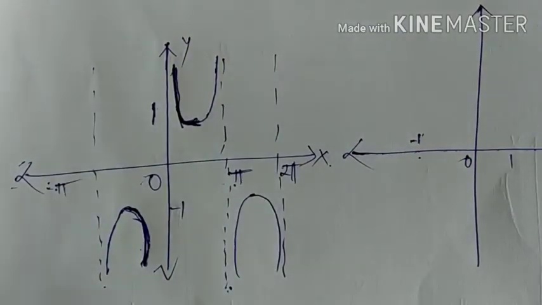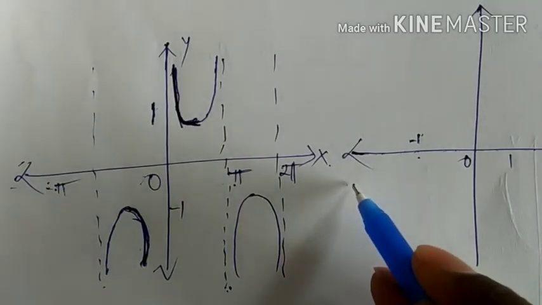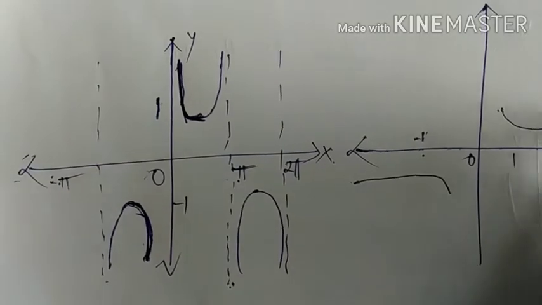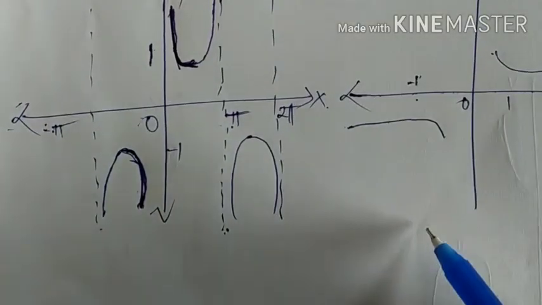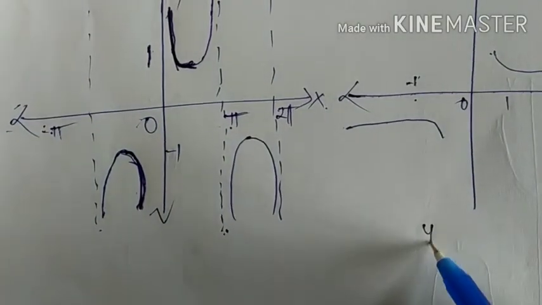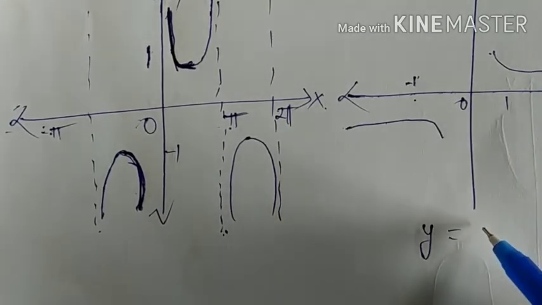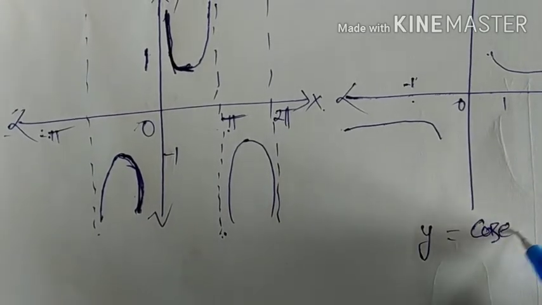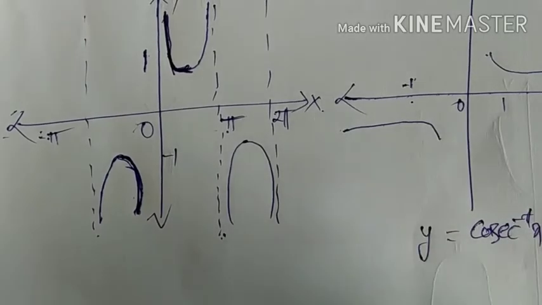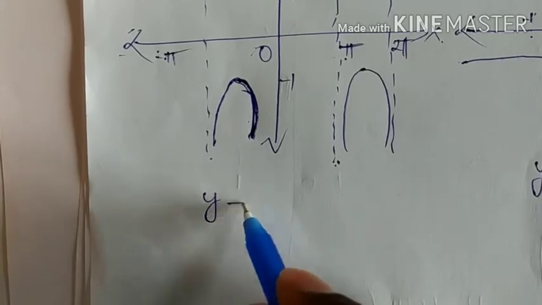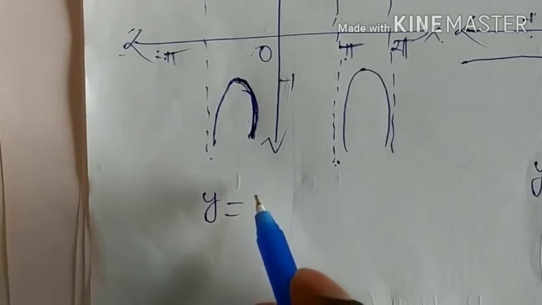Okay, so the rough graph for these values is like this. This is the graph of the inverse of the cosecant function. And this represents the graph of the cosecant function.